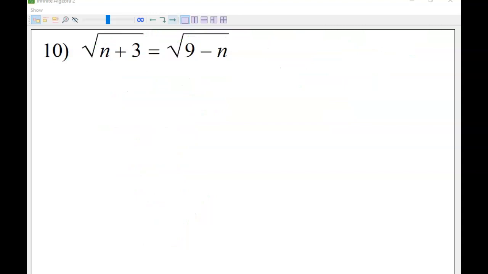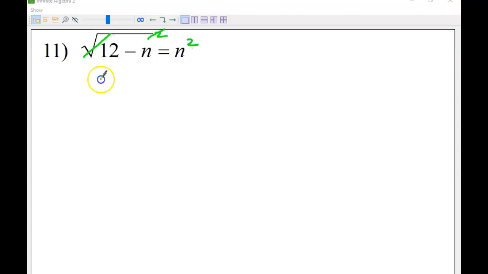All right, moving along. Let's check one of these out here. So we're going to start by squaring both sides again. But in this particular case, we have a different situation. We have an n squared and a regular n. When that happens, you have a quadratic situation on your hands. And the way that you're going to solve for n is going to be very different.